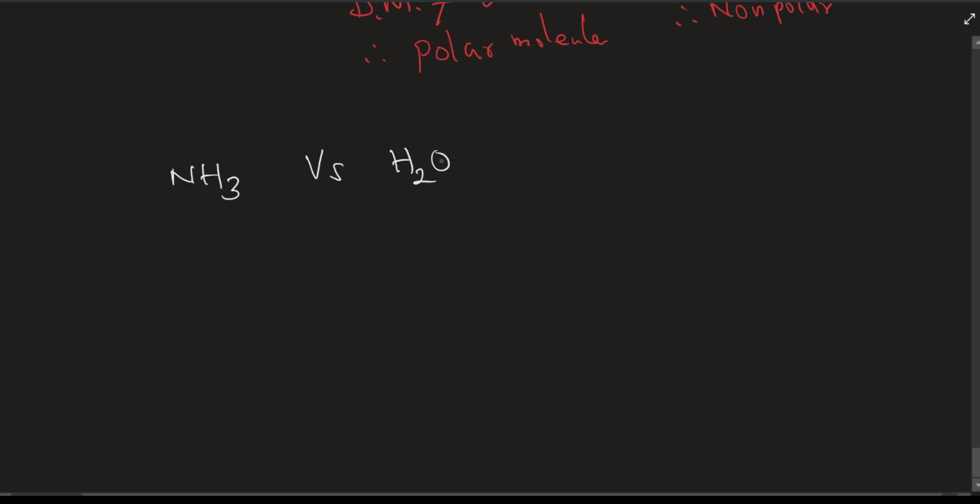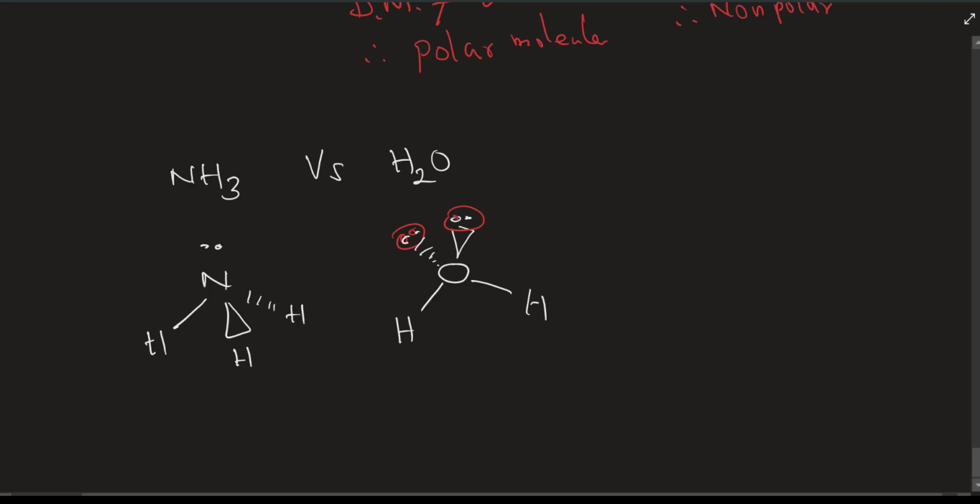Now, the other most popular question your prof or your teacher would like to ask is ammonia versus water. This is a really good one to know, right? Because that's important and that's a really valid, logical question to ask. Look at nitrogen. On nitrogen, there's one lone pair, and on oxygen, there's two lone pairs.